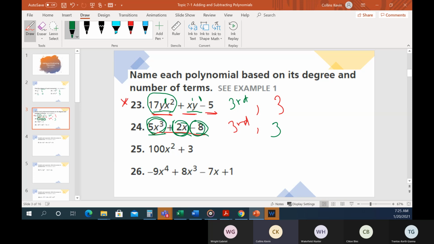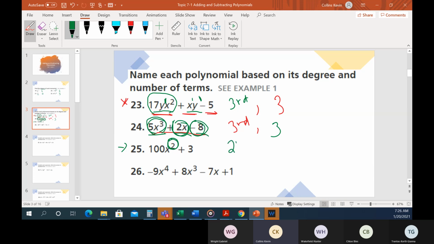What's the biggest exponent in number 25 here? What's the biggest exponent on this one? Well, that's the biggest exponent. Yeah.